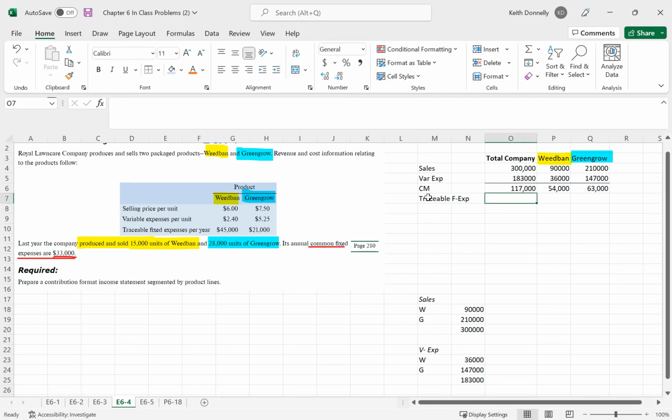If we look at this, looks like Green Grow, we got 21,000, from over here. Looks like we got 45,000 for the Weed Ban. Add those two together, we're looking at 66.